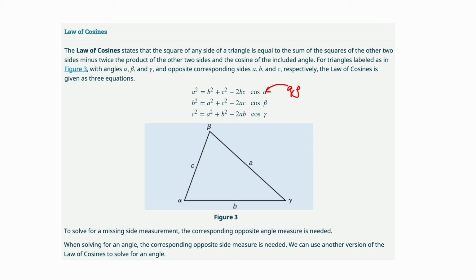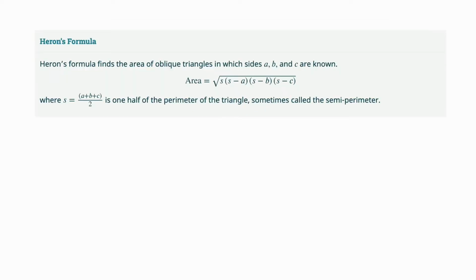So this term goes away, and you do have exactly the Pythagorean theorem. So this does calculate the sides, but you can also do angles if you happen to know all the sides. Heron's formula is a way of taking the sides of a triangle and calculating the area by knowing its perimeter.